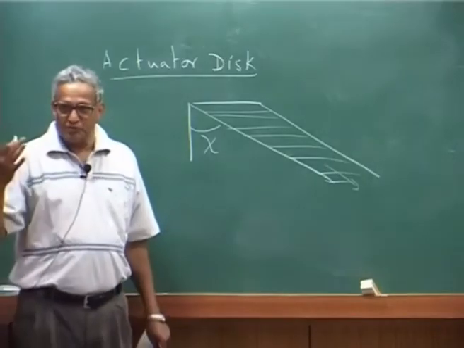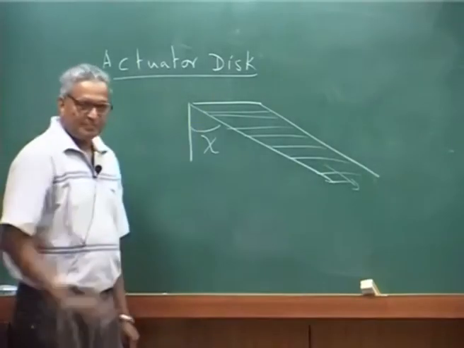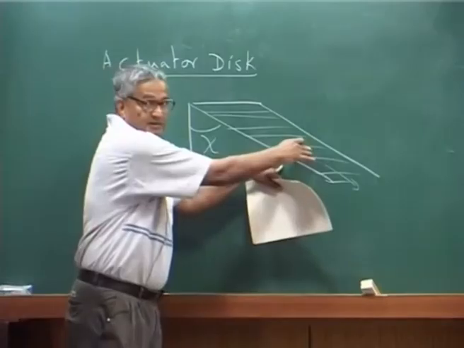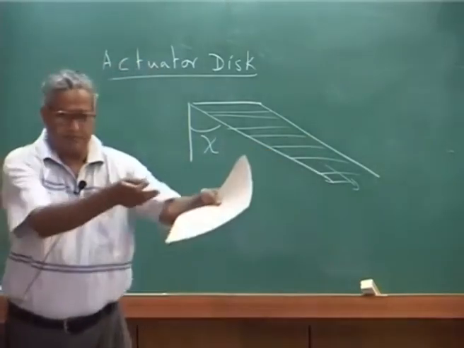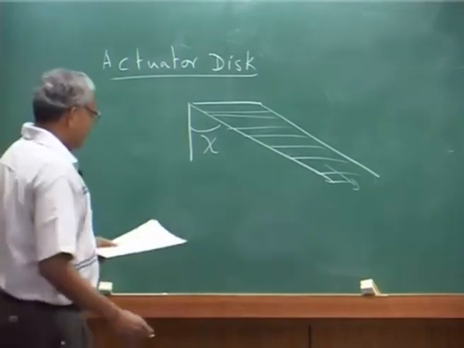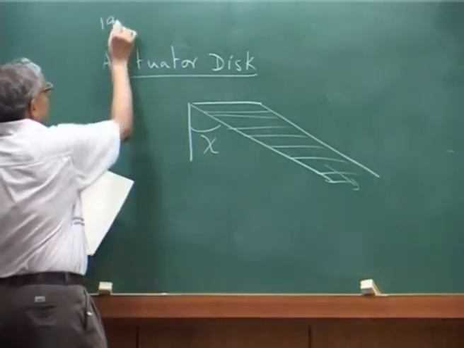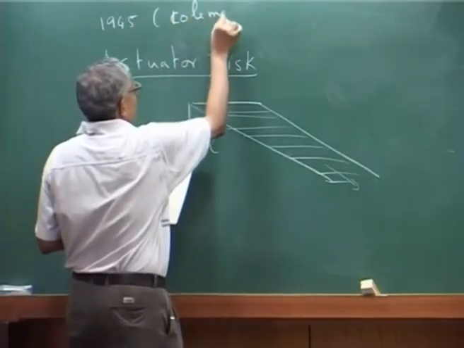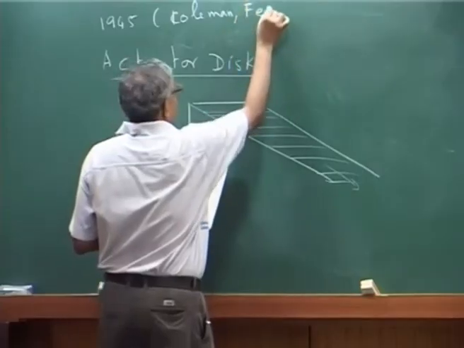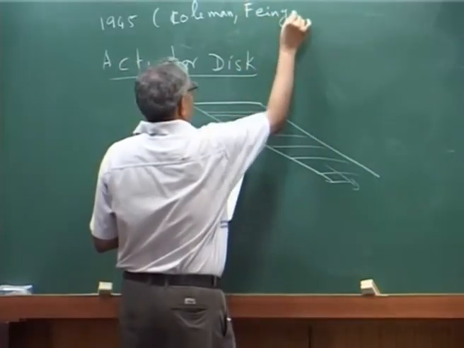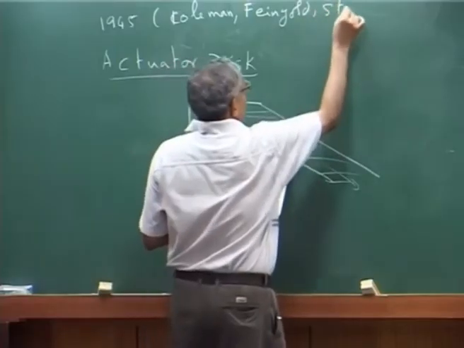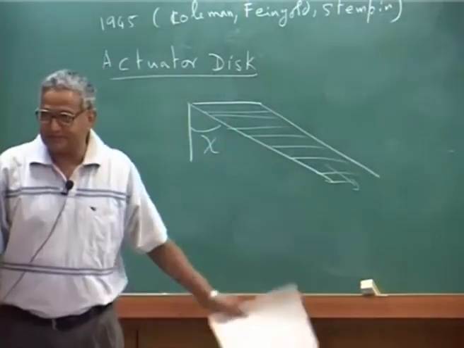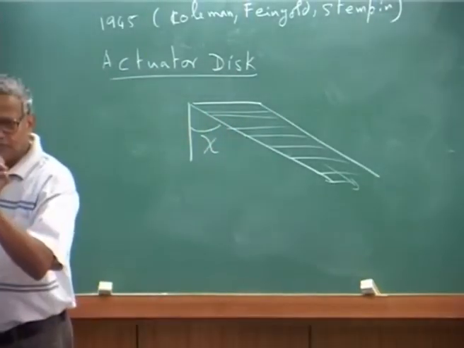You assume uniform loading, which means gamma is constant. How did it become like this? Purely because of the forward speed. So, this was done in 1945 by Coleman, Feingold and Stempin. In 1945 they used this, and they got a closed form expression.